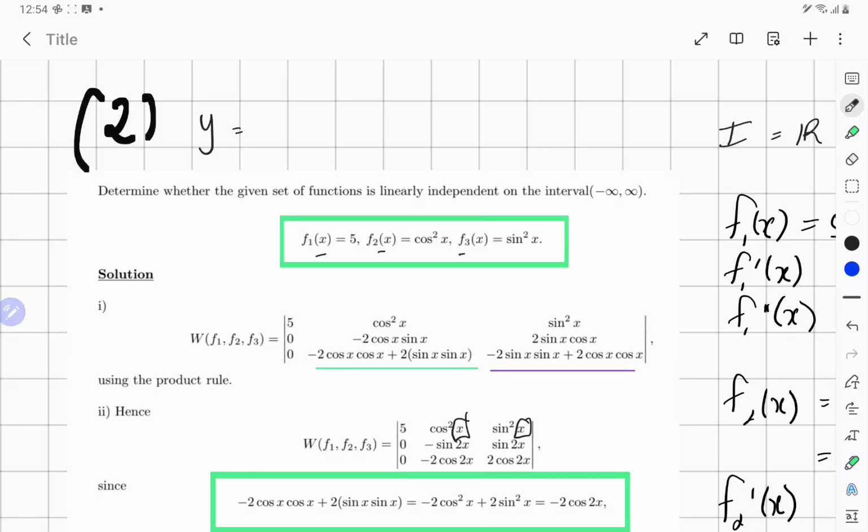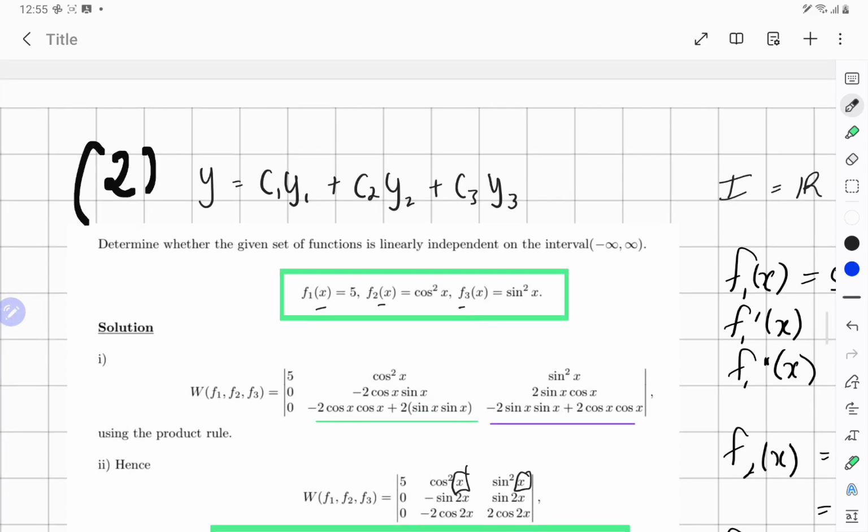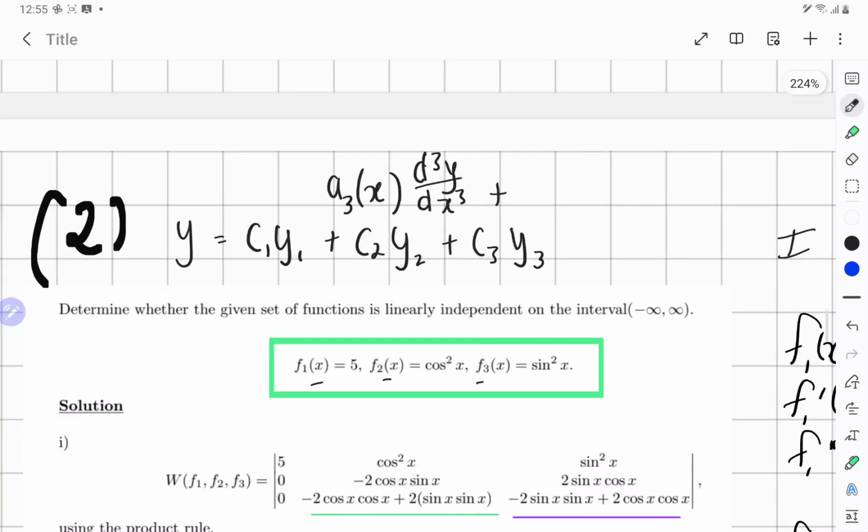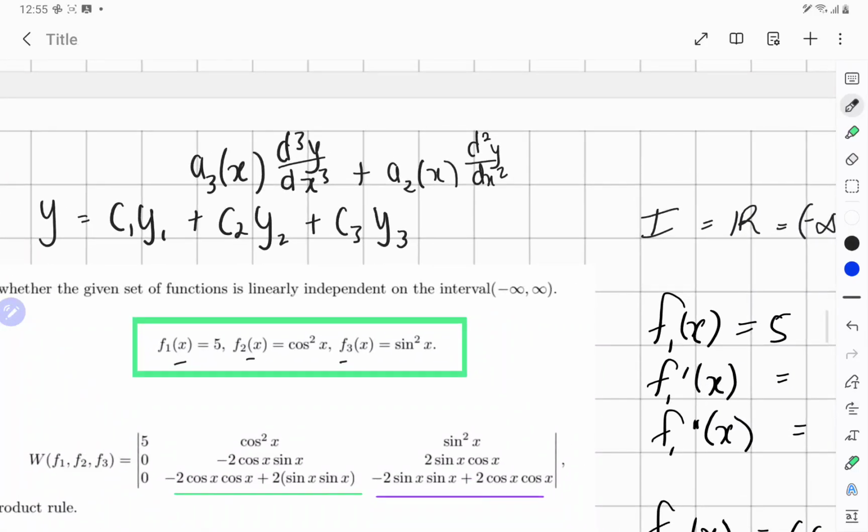So that means we want to check if the linear combination of the three solutions will be a general solution to a third order differential equation. Why third order? Because I have three solutions. Two solutions, second order, three solutions, third order, and so on. So this is very important.